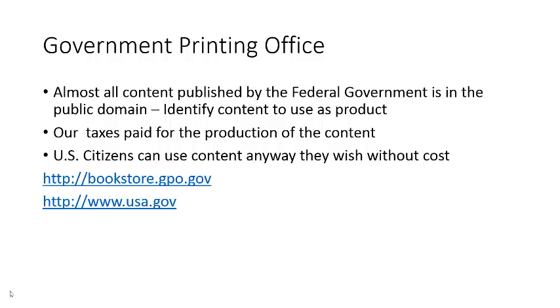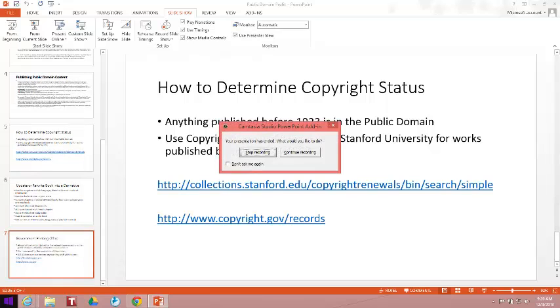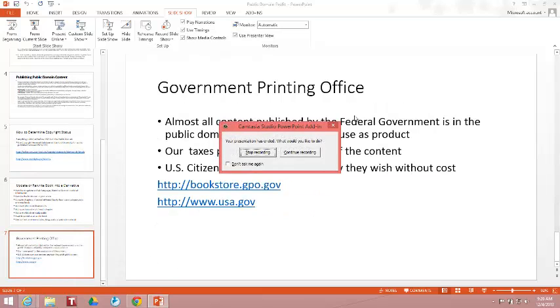Take the title after you go to bookstore.gpo.gov and copy and paste it, then go to usa.gov and paste that title in and add PDF at the end. Many times the PDF will come up and you'll be able to download that book and edit it and use it however you like.